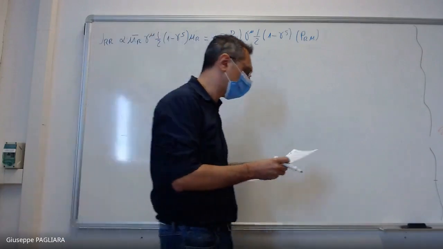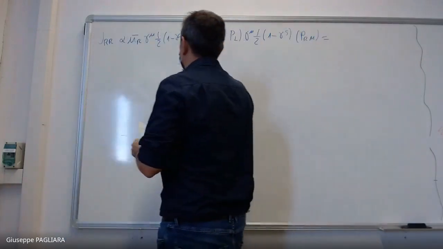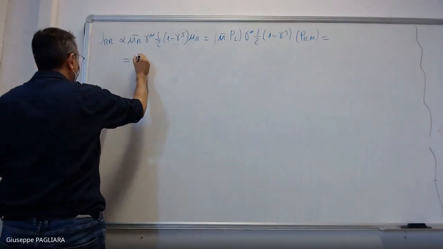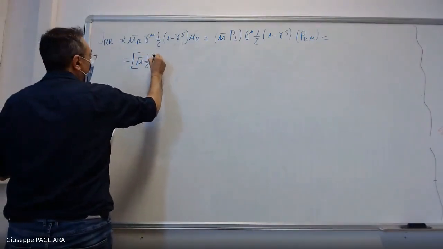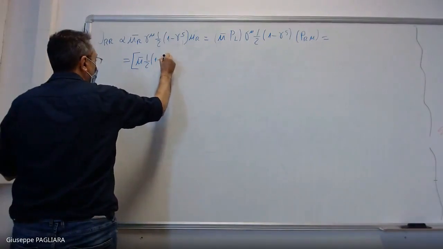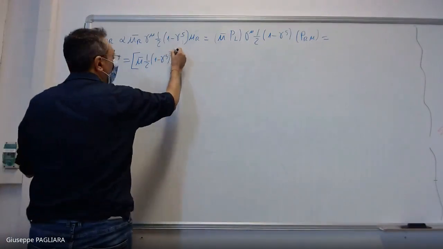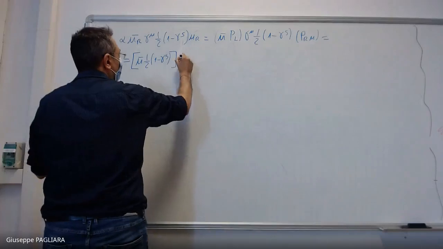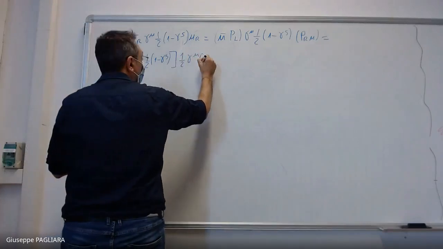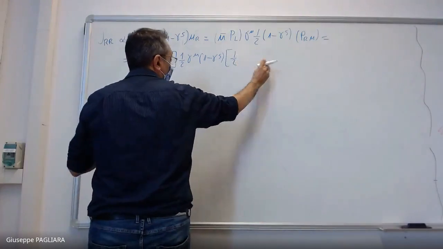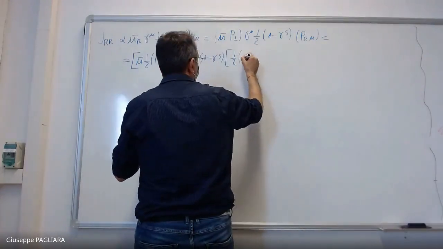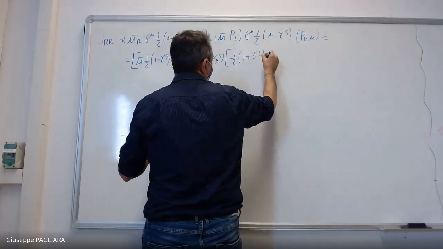Now we can make explicit those two projectors. So this is ū, and then we have 1/2 (1 − γ5), the left-handed projector. Then we have 1/2 γ^μ (1 − γ5), and now the right-handed one with the plus sign, 1/2 (1 + γ5).